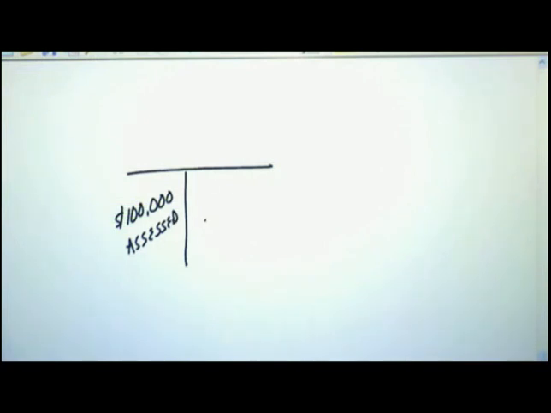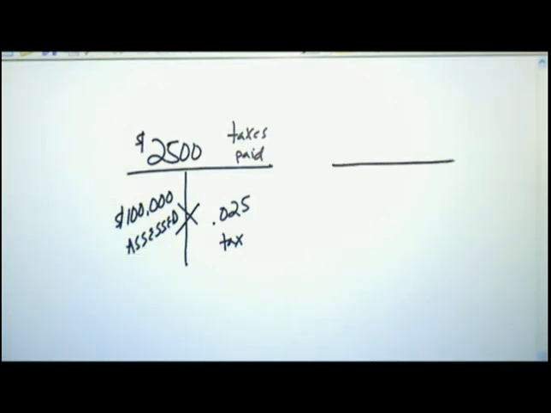The tax rate was $25 per thousand, or 0.025, which means that the taxes paid on the property, which I can find by multiplying the two numbers on the bottom, was $2,500. The second year, the tax rate changed. It was reduced to $20 per thousand, or 0.02.